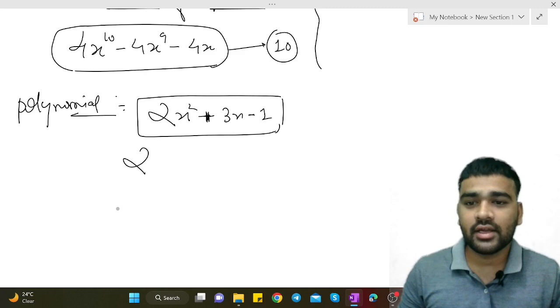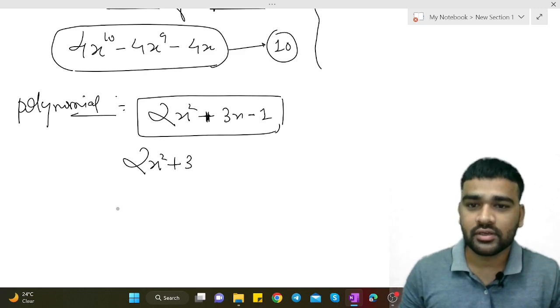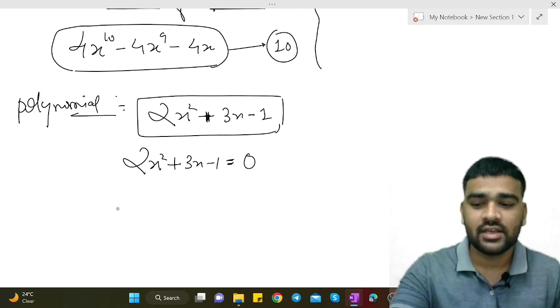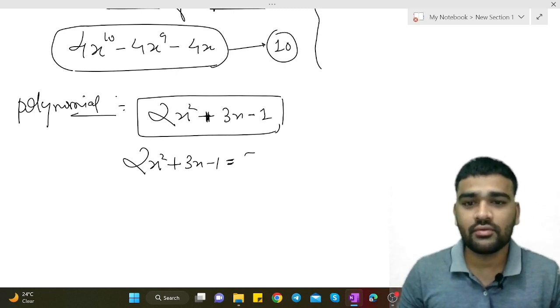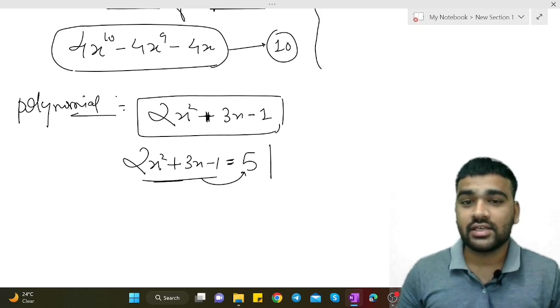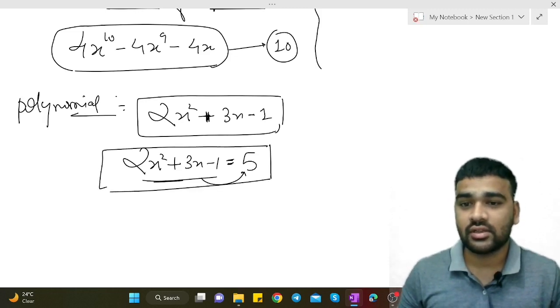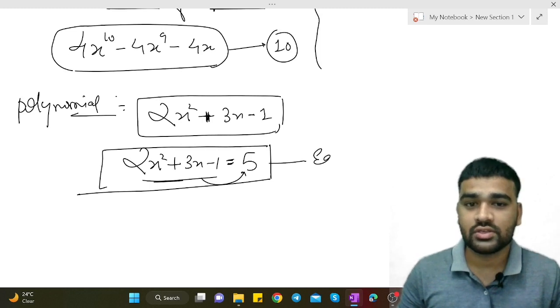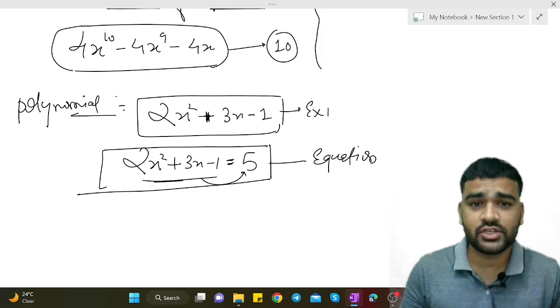If I add another mathematical operator, the equal sign, is equal to 0, or say something like 5, then you have a value for this. So that means this will be your equation, and the earlier one is your expression.